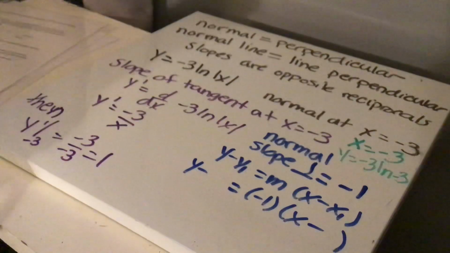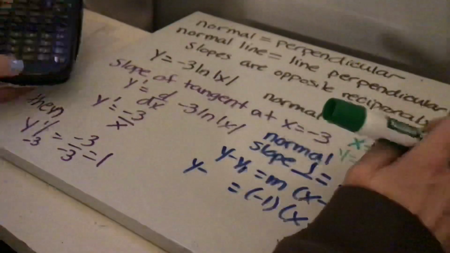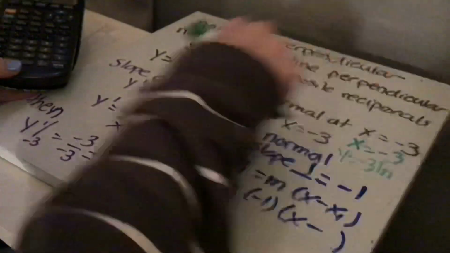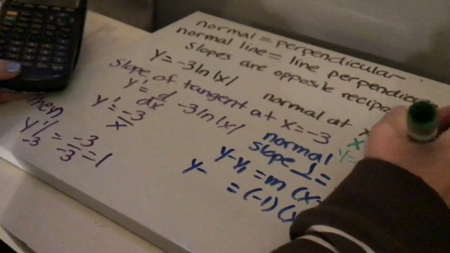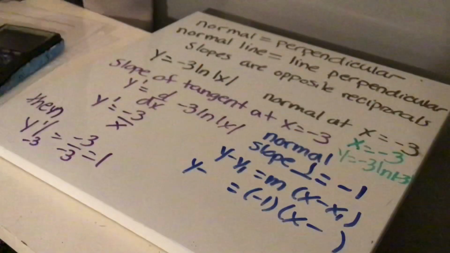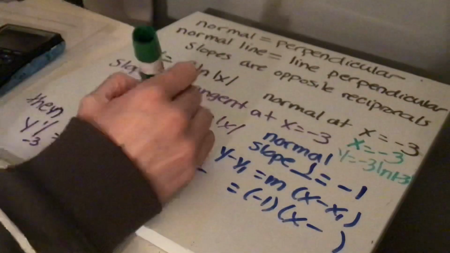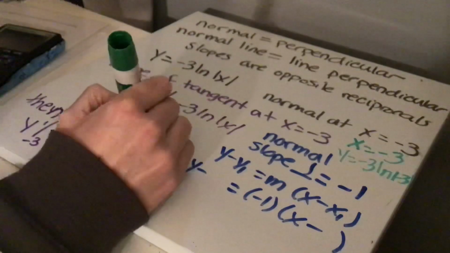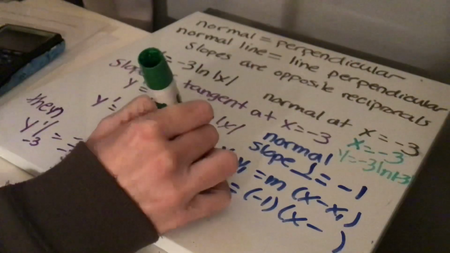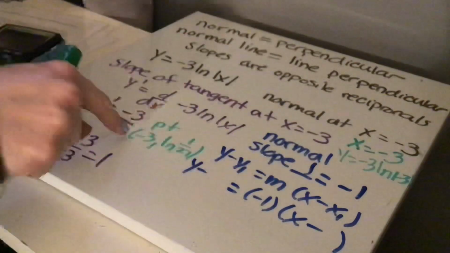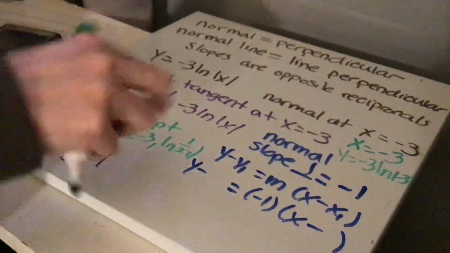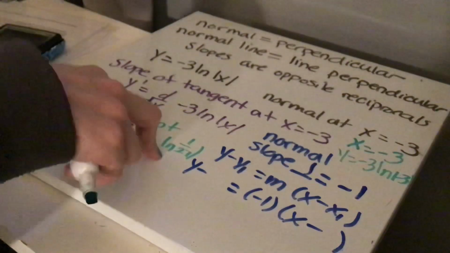Using our calculator, because it says the absolute value in your equation here, that simplifies to the point -3 natural log of 1 over 27. I just evaluated the function at x equals -3. So then this is your x1, y1 for your line.